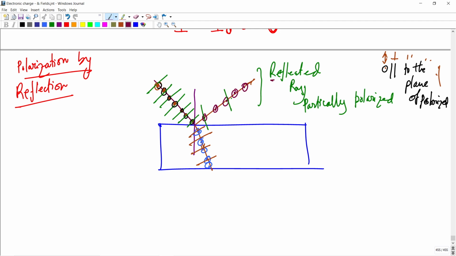The reflected ray is partially polarized, but the refracted ray is unpolarized. This is the unpolarized incident light, the refracted ray, and the unpolarized ray.